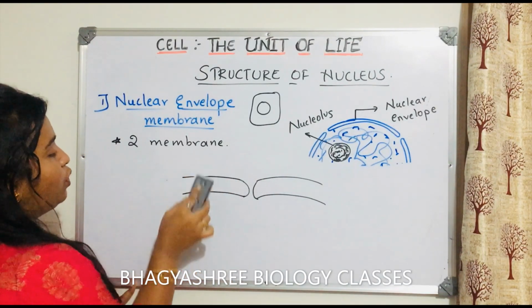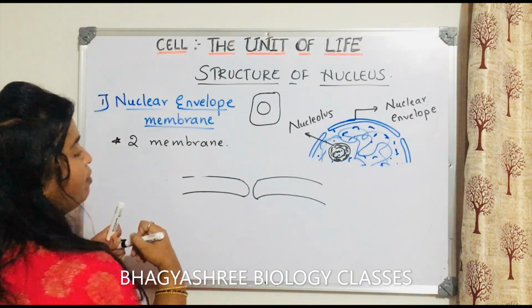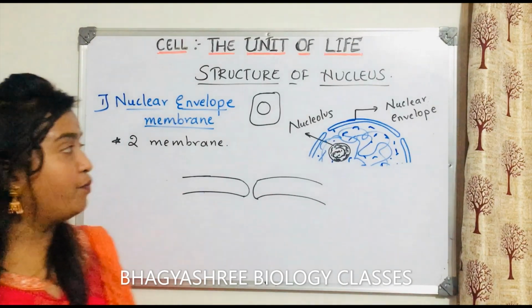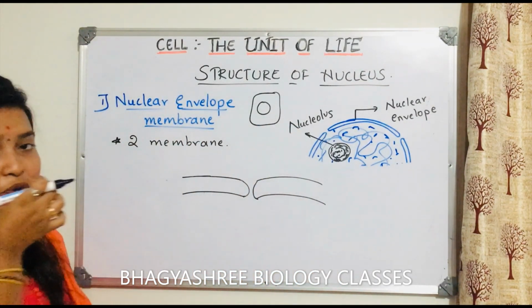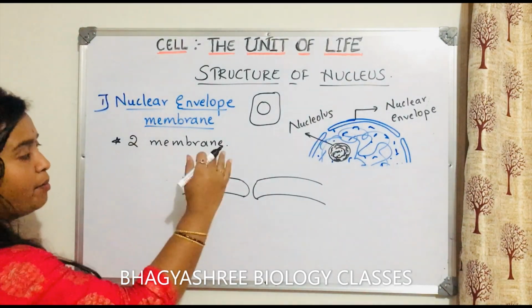So as I told you, this is the nuclear envelope, which has the outer membrane, and this is the inner membrane. Now, in the last class I told you, usually whenever you see this nucleus, what is associated with this outer membrane?